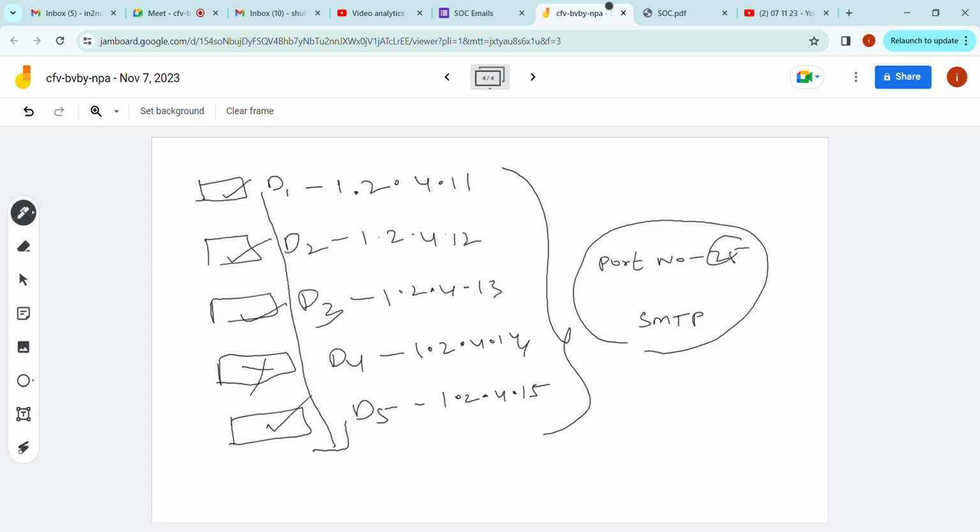So they want to scan this particular port number among all these IP addresses or hosts. That is called a horizontal scan. And the other one is vice versa.